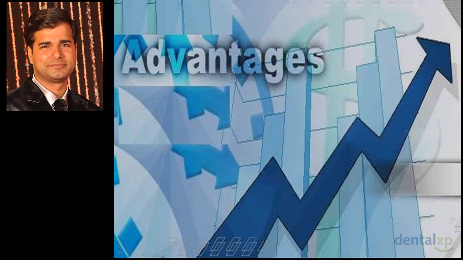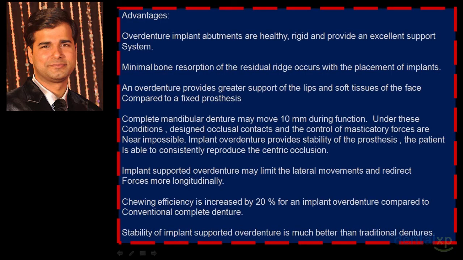What are the advantages we are looking at? The location of the mandibular implant supported overdentures can be planned on specific sites, and their number may be determined by the restoring doctor and the patient. In addition, the overdenture implant abutments are healthy, rigid, and provide an excellent support system.